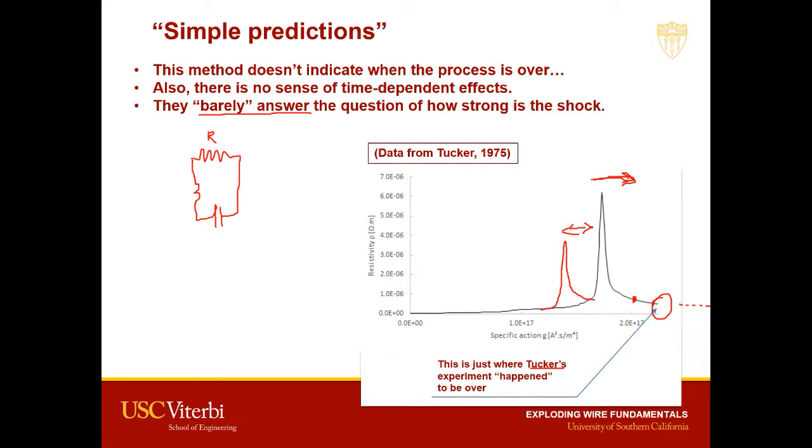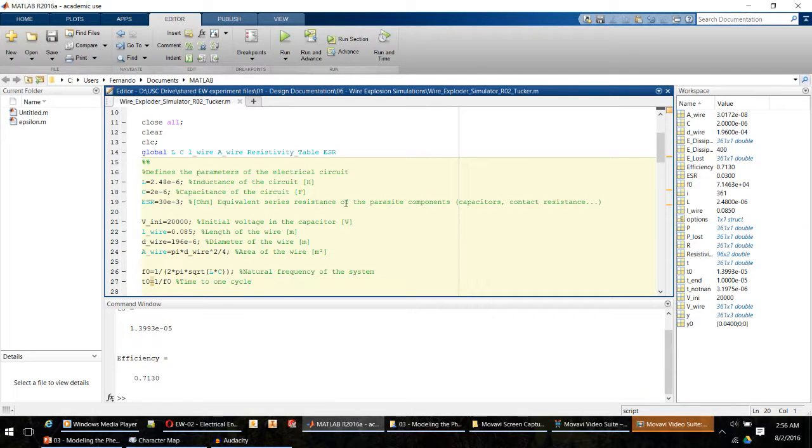Because we don't have a definite end in time here, we can't predict when the experiment is over, so we can keep on going and dumping energy on this R, and therefore we don't know how much is going to be the efficiency of the energy transfer. And this is a very strong impairment on Tucker's method.